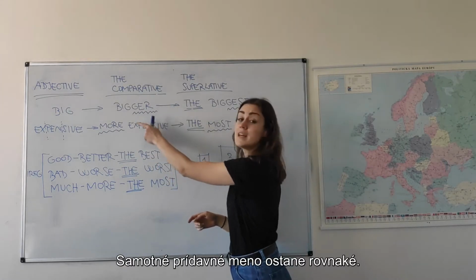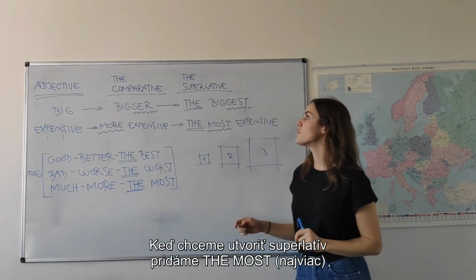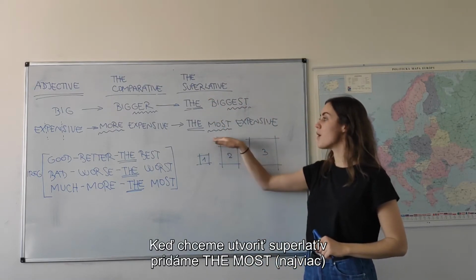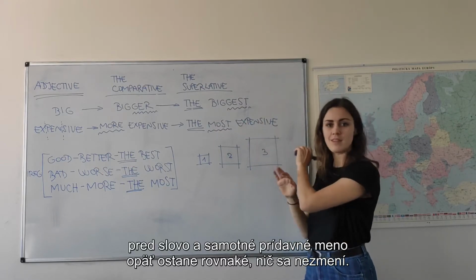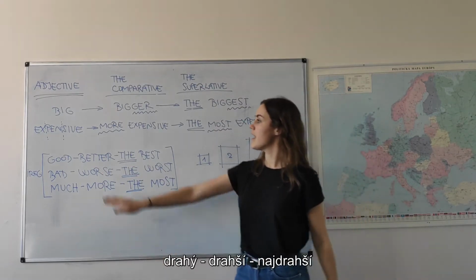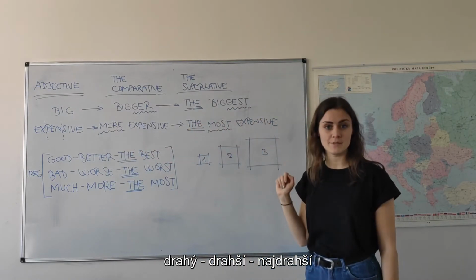The word itself stays the same, more expensive. When we want to form the superlative, we add the most in front of the word, and again, the adjective stays the same, nothing changes. Expensive, more expensive, the most expensive.